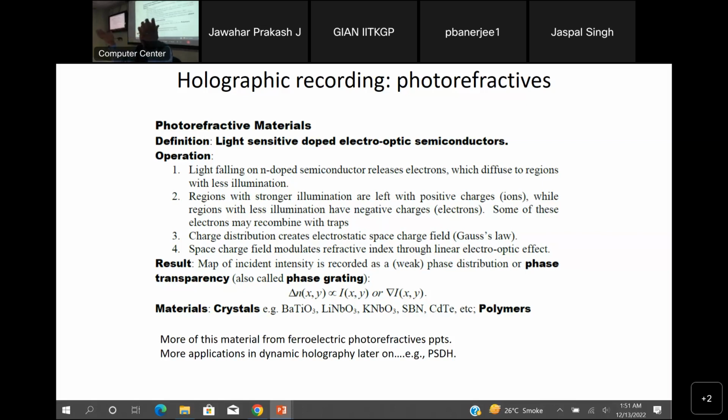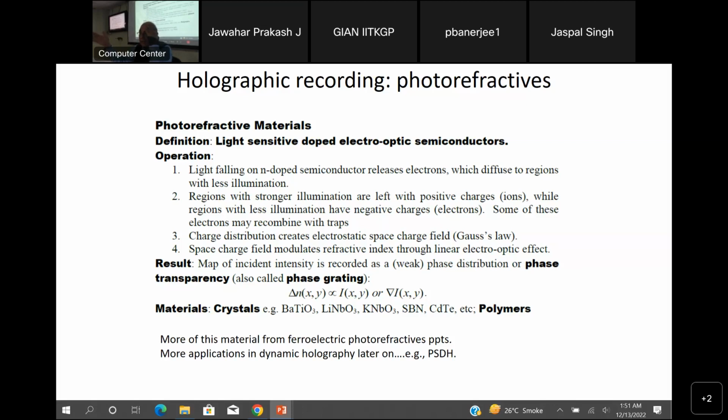So let's consider N. If it's N-doped, what you have essentially done is create extra sources of electrons, which could be excited. There are different ways of exciting them to the conduction band. One way is by light.